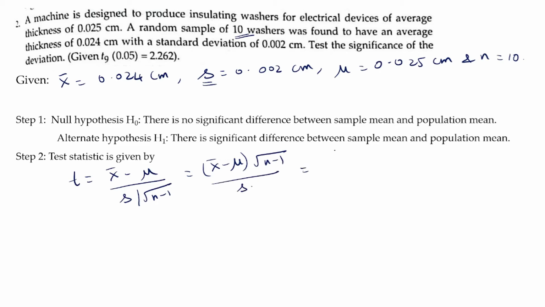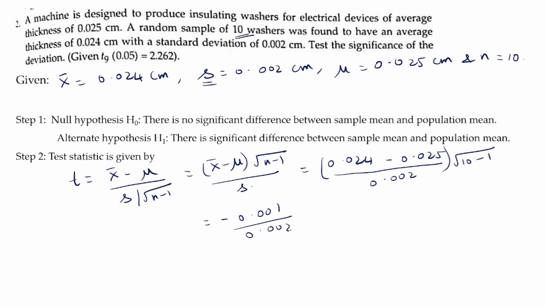Now we can substitute each of these values. x bar is 0.024 minus mu is 0.025 upon s is 0.002 into root of 10 minus 1. So this is equal to minus 0.001 upon 0.002 into root 9 is 3. So this is equal to minus 1.5.